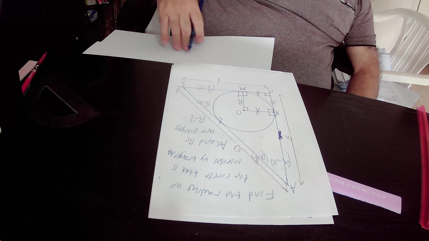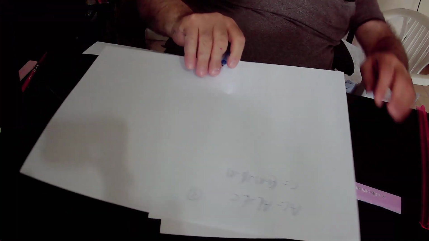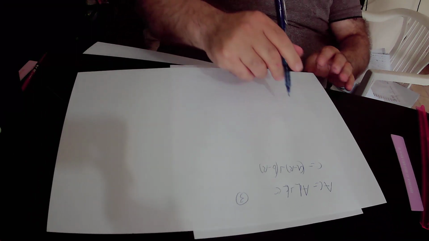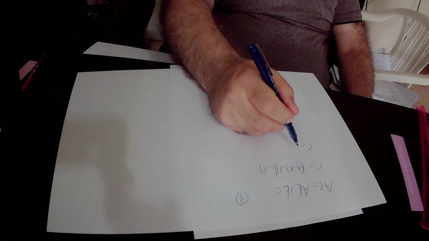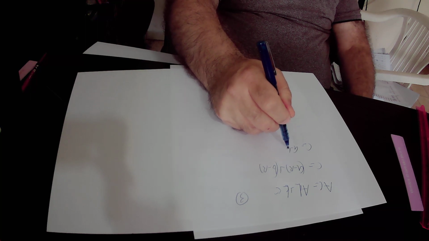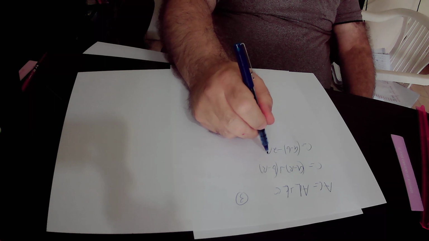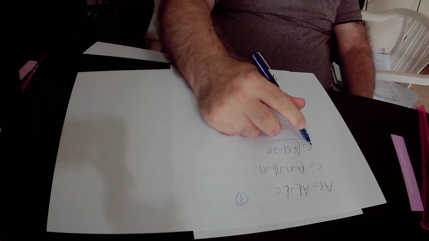So in conclusion, we found out that C equals A minus R plus B minus R. That is to say, C equals A plus B, and minus R plus minus R is minus 2R. Okay, C equals A plus B minus 2R.